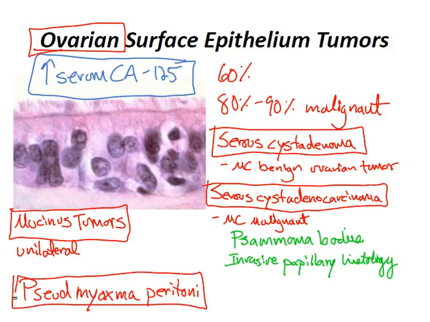More often, pseudomyxoma peritonei is caused by the appendix. And remember, that is not with mucinous cystadenoma, that is with a mucinous cystadenocarcinoma. Okay?